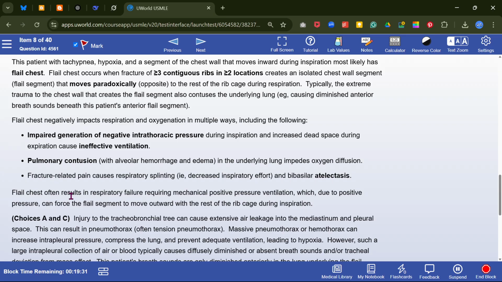Flail chest results in inspiratory failure, requiring mechanical positive pressure ventilation, which can force the flail segment to move outward with the rest of the rib cage during inspiration.